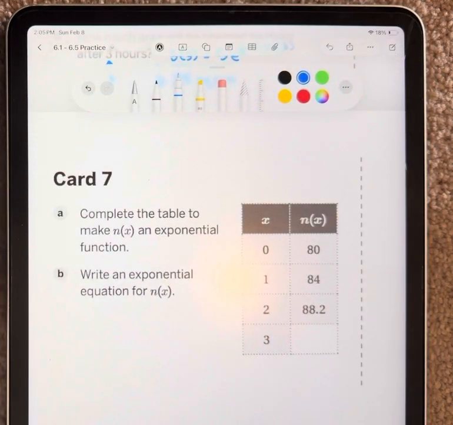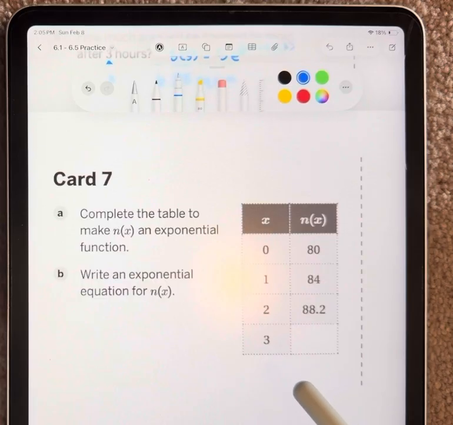Card number 7. It looks like they're taking us back to card number 1 stuff. All right, so let's see if you guys can figure this out without my help. Do you guys remember? Please pause it and try. Otherwise, if you're watching the videos and what I explained in card number 1, you're still unsure of how to do card number 7, it wouldn't be helpful for me to explain card number 7 to you.